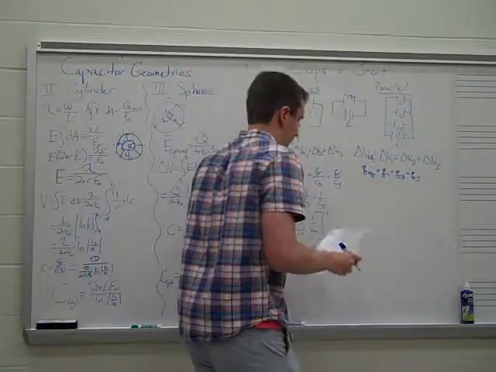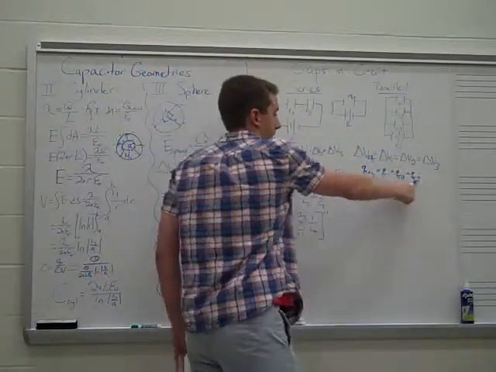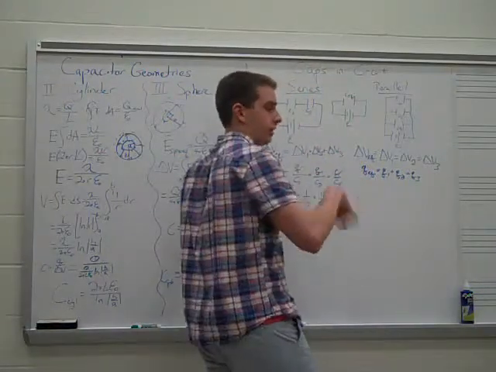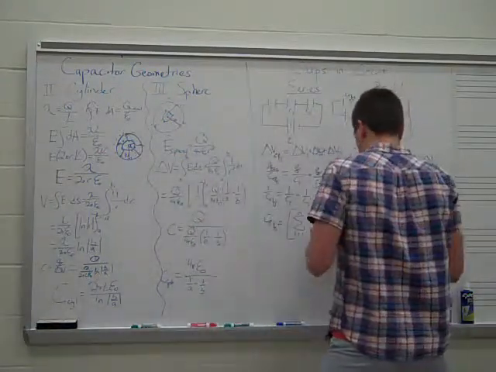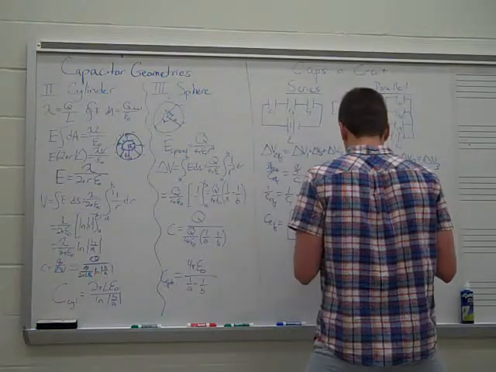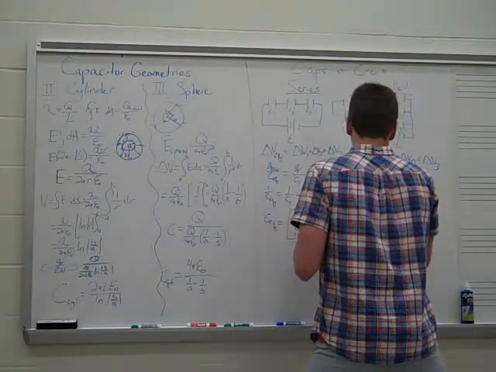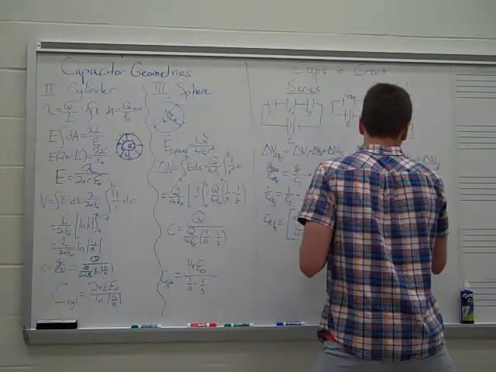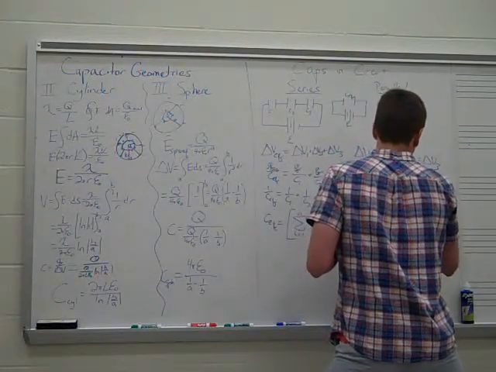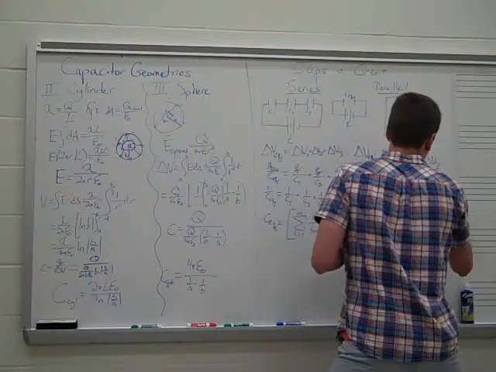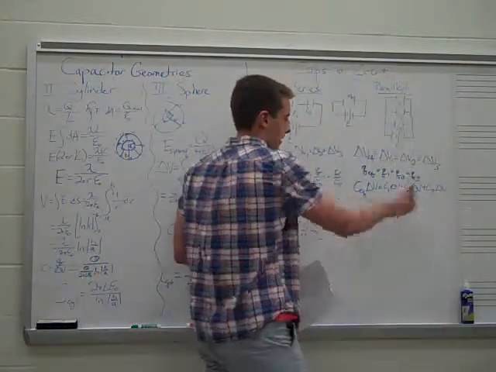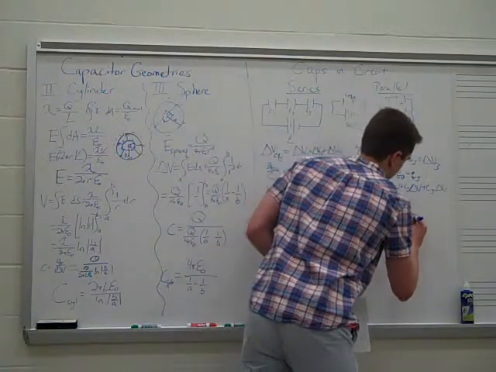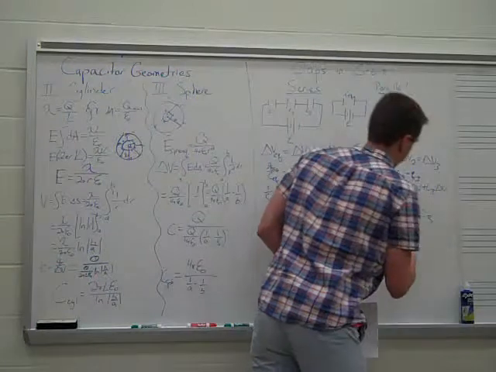Then we can write out a statement here. Since we have this sum, we'll plug in for the charge with C and delta V. So we know that our charge equals C delta V. And since delta V is equal, we just get the sum of all the capacitors equals the total capacitance of the circuit.